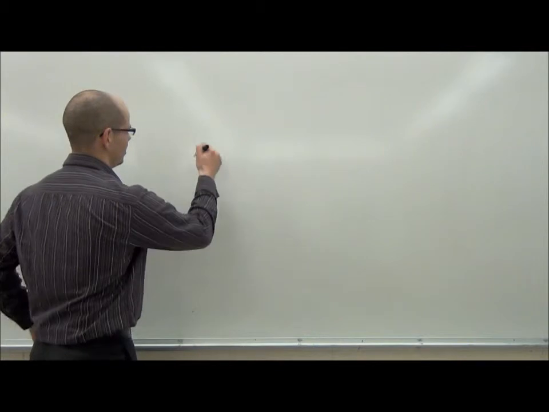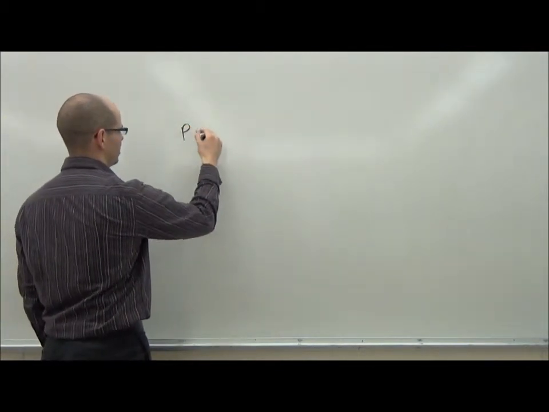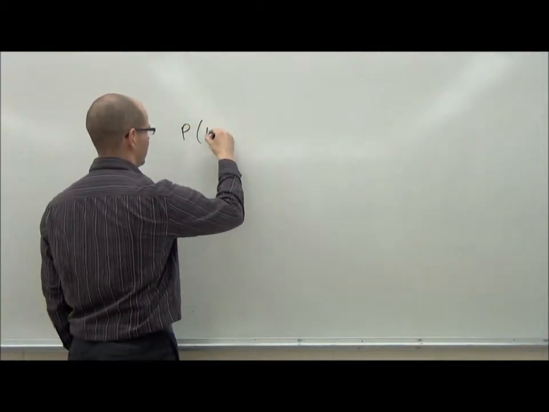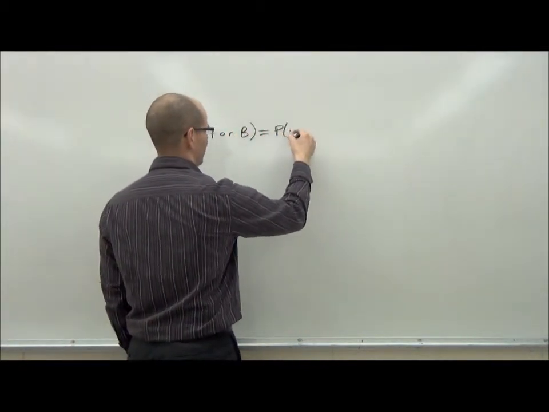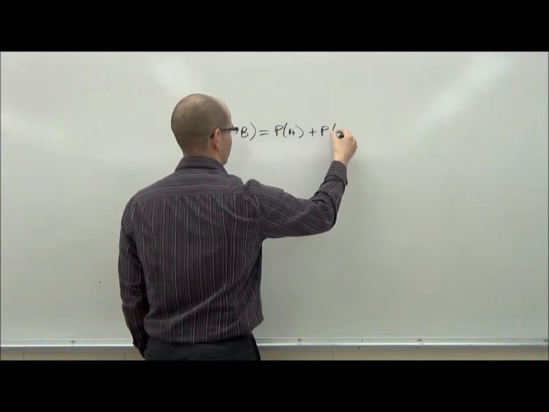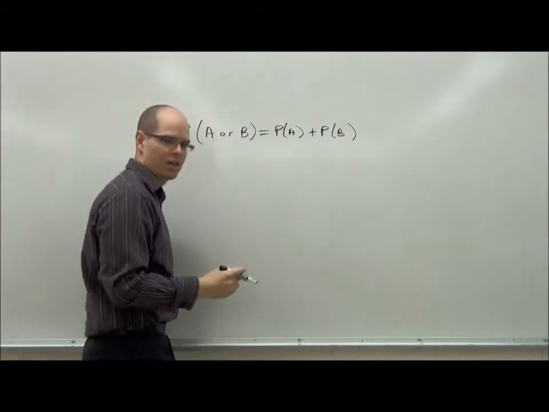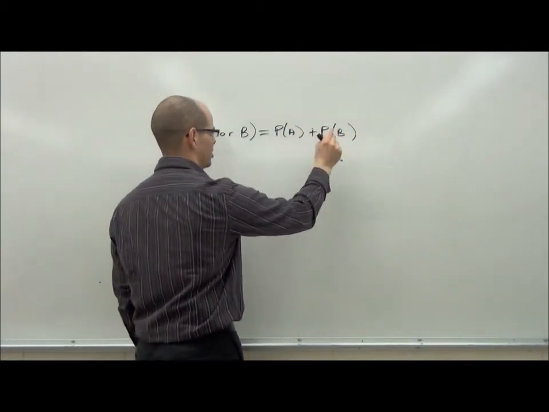So we immediately know that somewhere we're going to be using our mutually exclusive formula, which is P of A or B is P of A plus P of B. So if it's an or question, you just add the chances of getting this event to the chances of getting this.